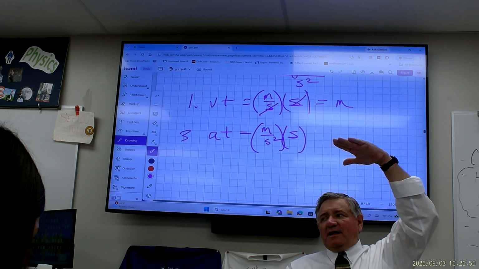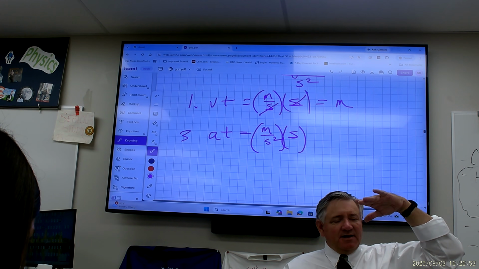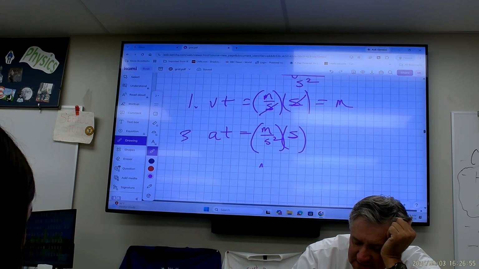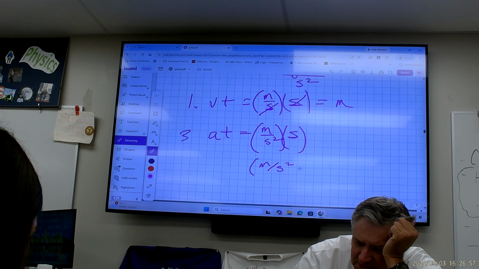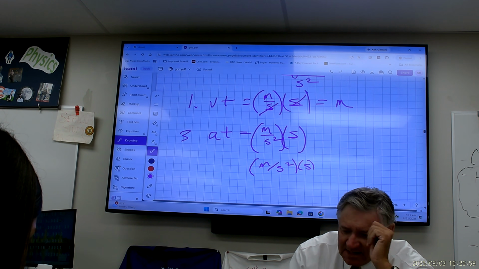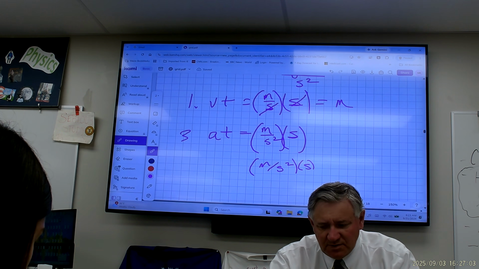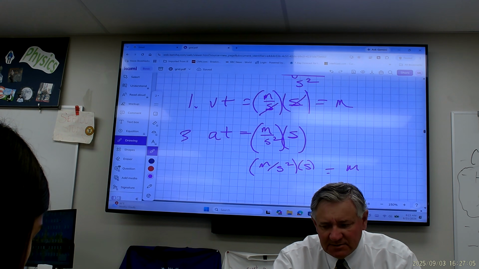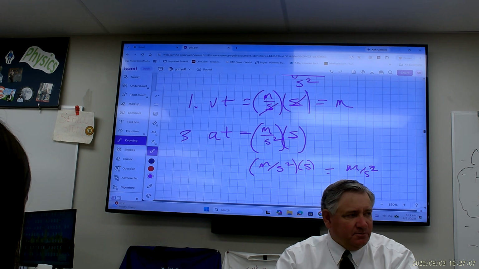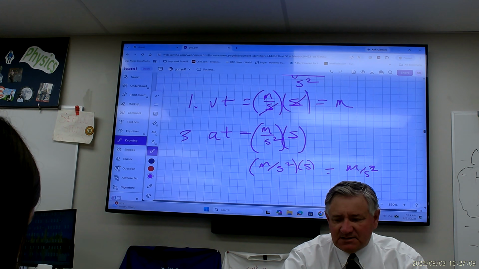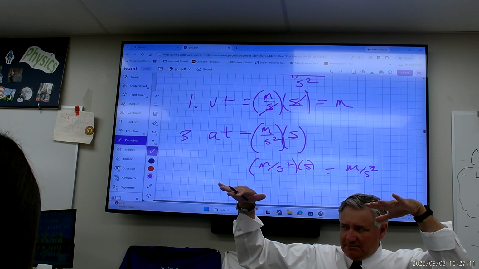I like to stack these vertically. If you write them on one line, I've seen this go south, where kids will do meters per second squared times seconds and go, oh, I get meters per second cubed, because they look at it as being multiplied on the same line.